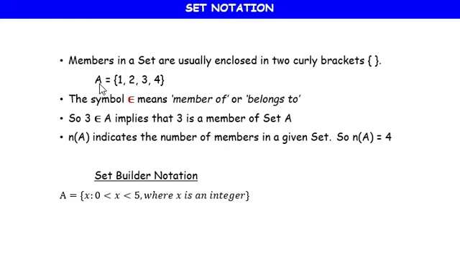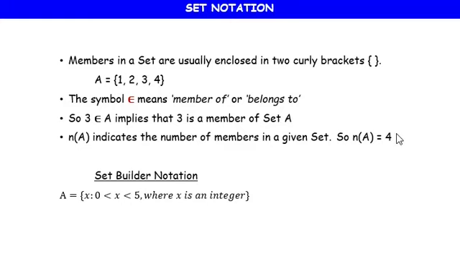Usually the set is named with a capital letter. So capital A is equal to, open the curly bracket, list the members of the set, then close the curly bracket. That is the basic notation, or how a set is represented generally.